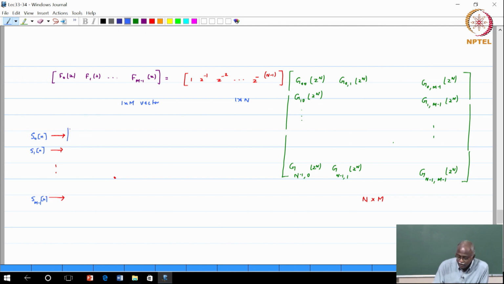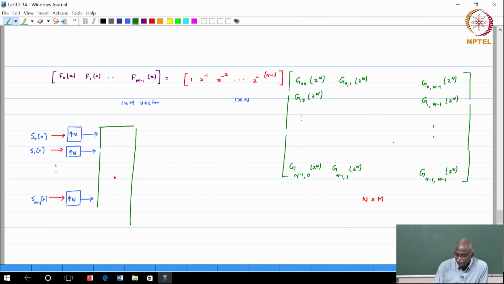Each of these will be upsampled by a factor of n. This is where the redundancy is coming in. Okay. Now, this is going to be filtered through the polyphase component matrix. Notice how I am drawing the polyphase component matrix, m inputs, n outputs.